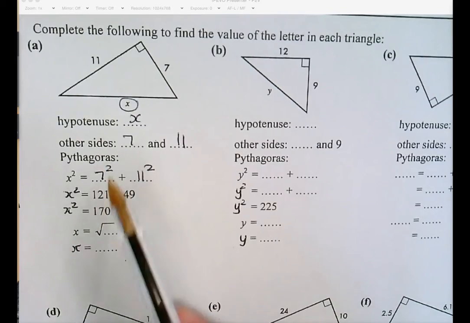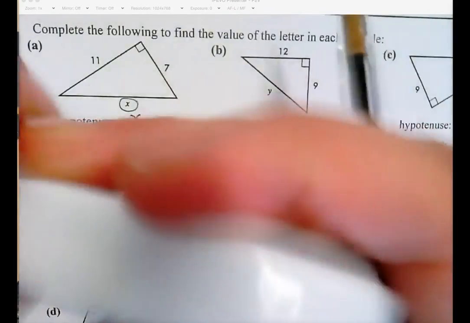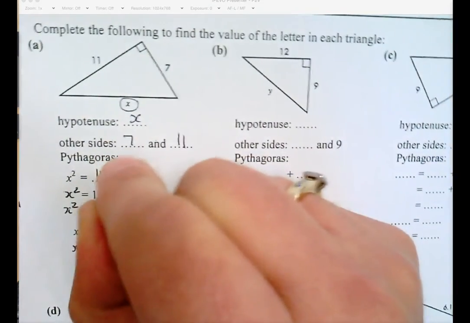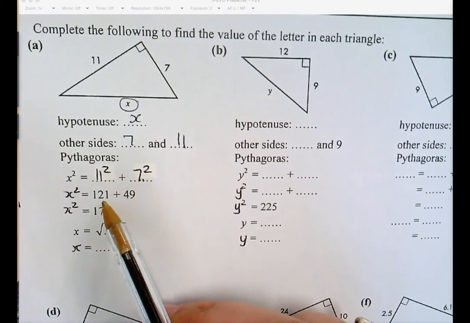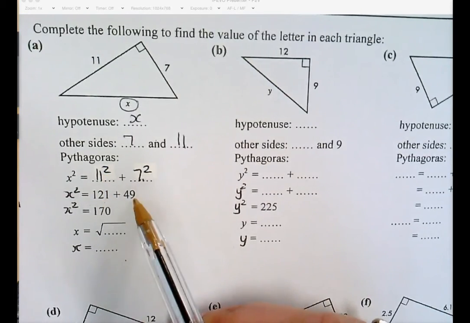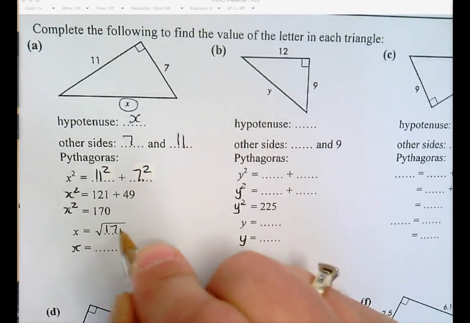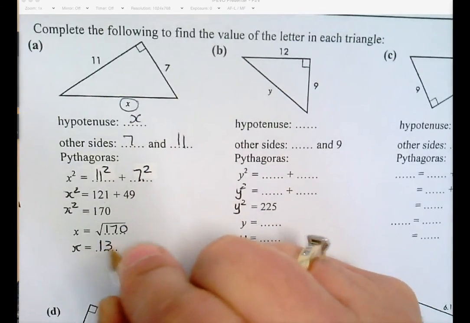Now they've worked it out for us, the other way around: 11 squared plus 7 squared. 11 squared is 121. 7 squared is 49. They've then added them together. So x is the square root of 170. Sometimes your answers aren't nice. You get 13.0.